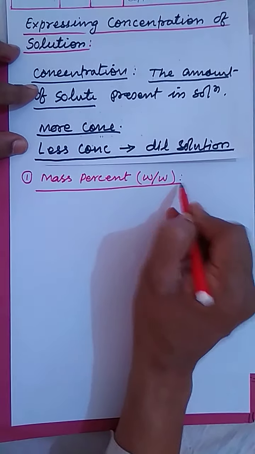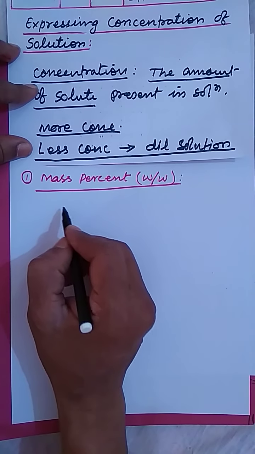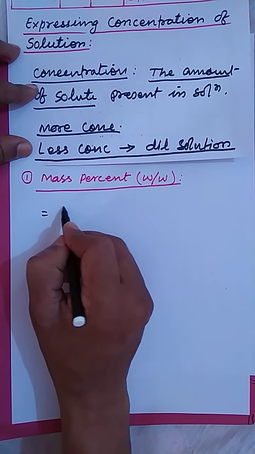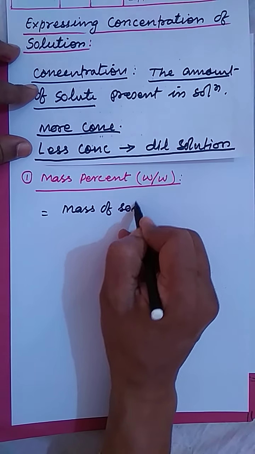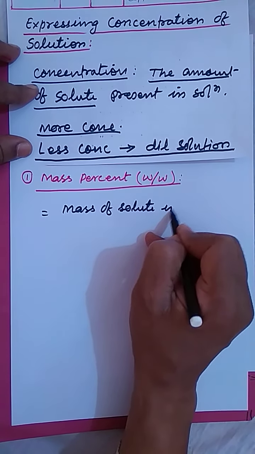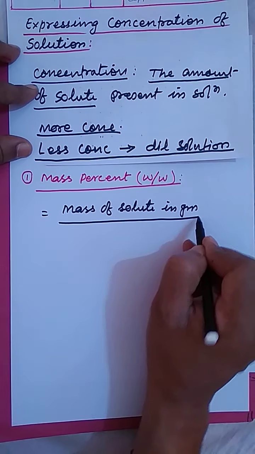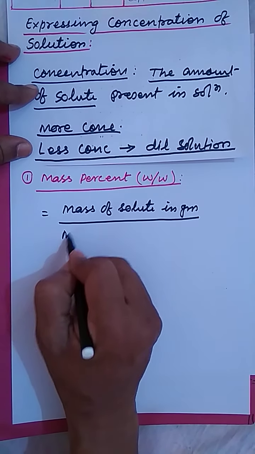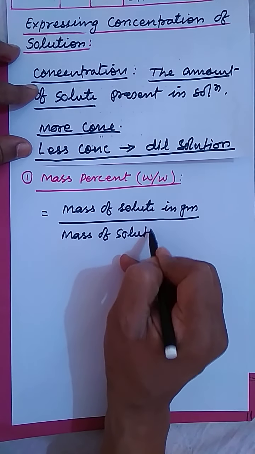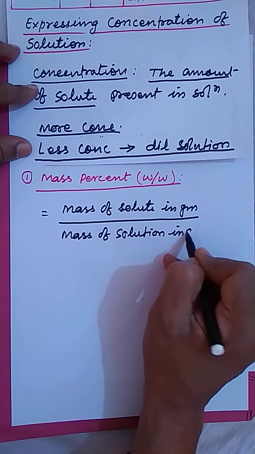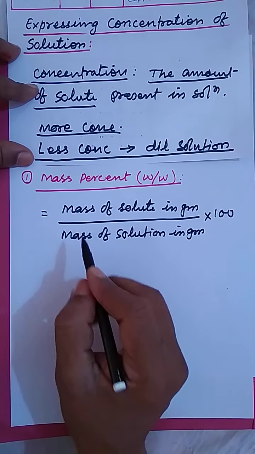Actually I would like to write the formula only. It is equal to mass of solute in gram upon mass of solution in gram, multiply by 100, because percent is there.